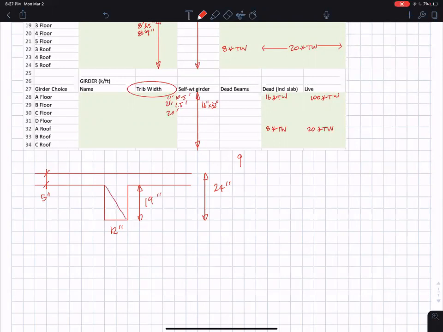The weight you need to calculate is 19 by 12, not 24 by 12, because this is the part of the beam that's below the slab, adding extra weight. And so this weight is 12 by 19 over 144 times 150 pounds per cubic foot.